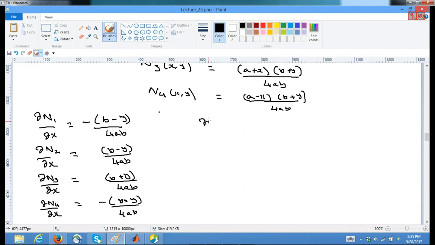Similarly, when I differentiate dN1 by dy, I will get minus of (a minus x) over 4ab.